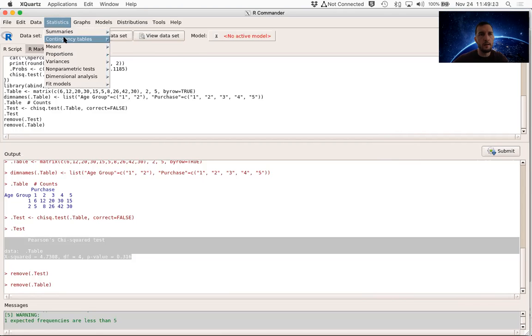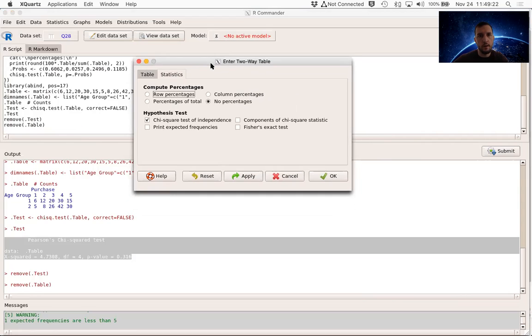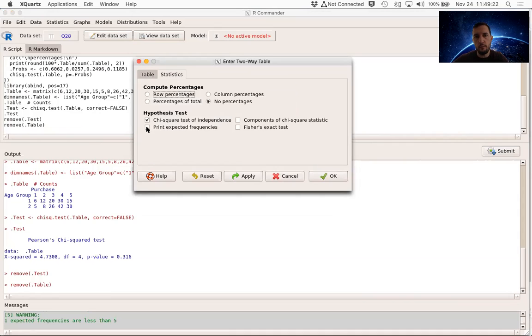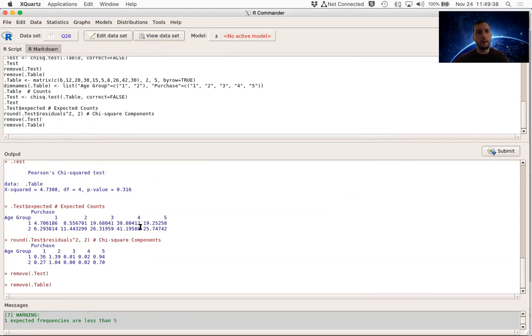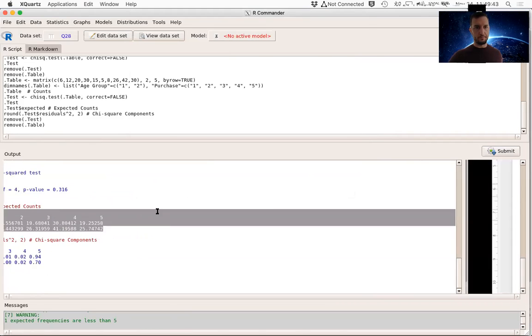Let's just go back and see what our options are here. If we enter the data and then click statistics, we can click print expected frequencies. We can also click components of chi-square test, which is nice. So now we click OK. Now we actually have some values that we can work with.